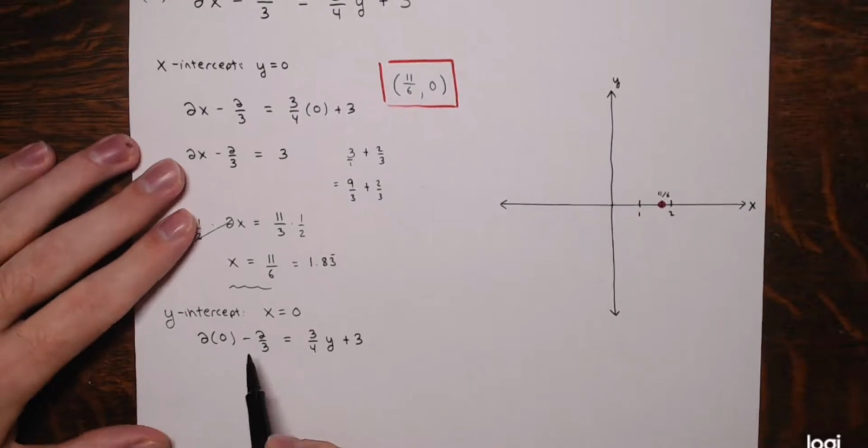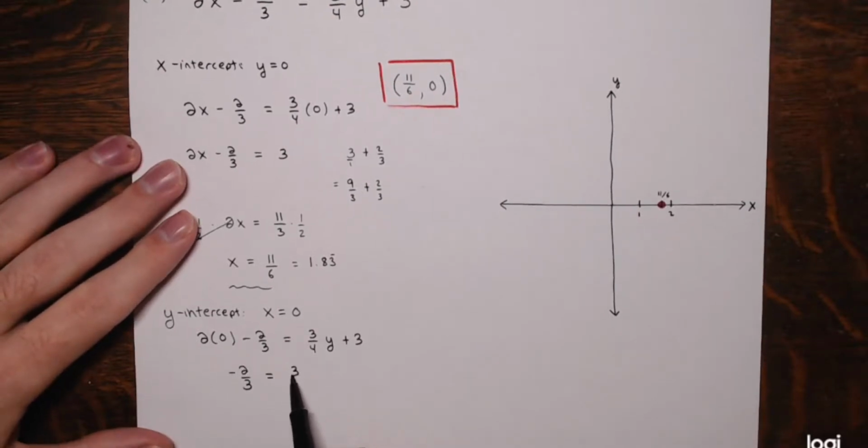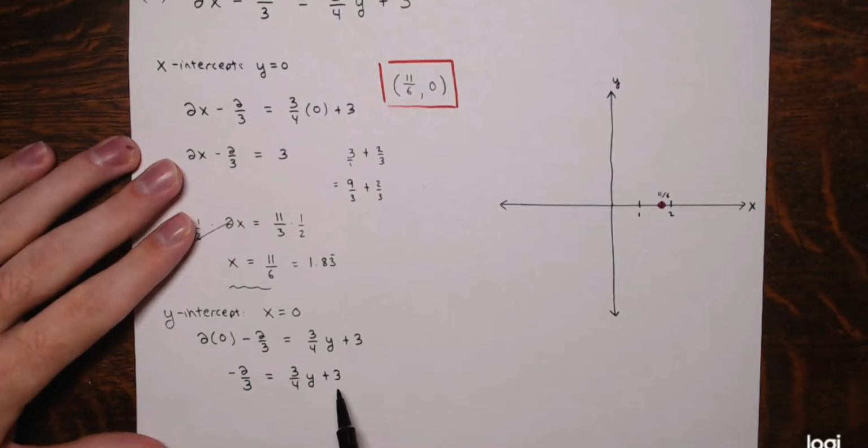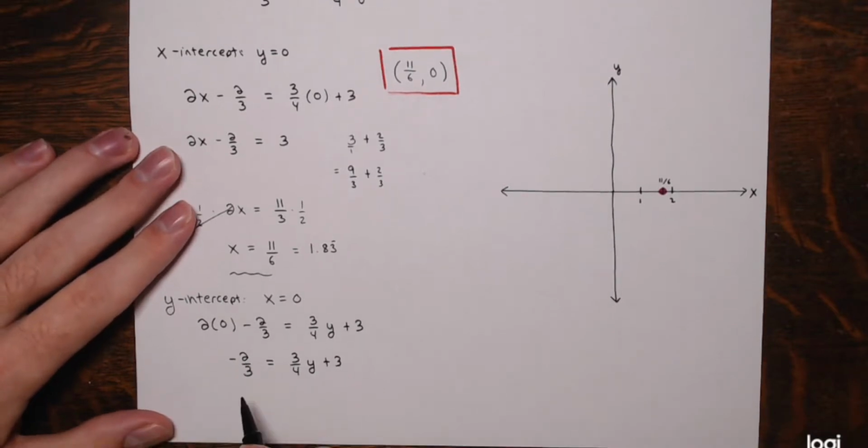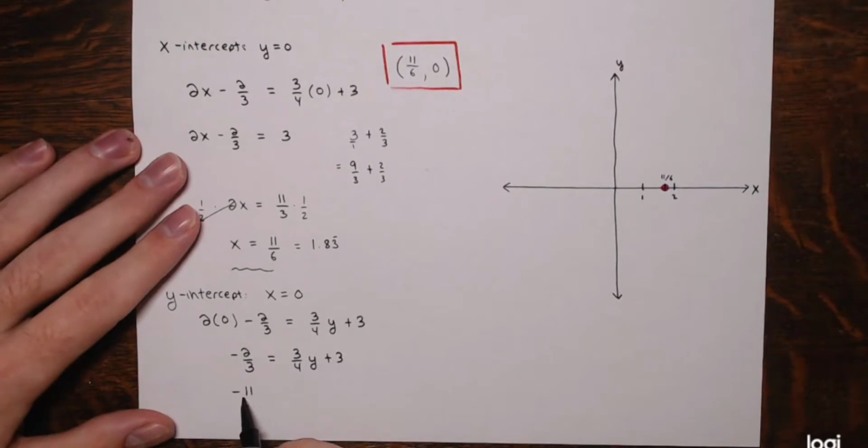So the left side is just negative 2/3 equals 3/4 times y plus 3. I would subtract 3, but that's subtracting 9/3. Negative 2/3 minus 9/3 would be negative 11/3 equals 3/4 y.